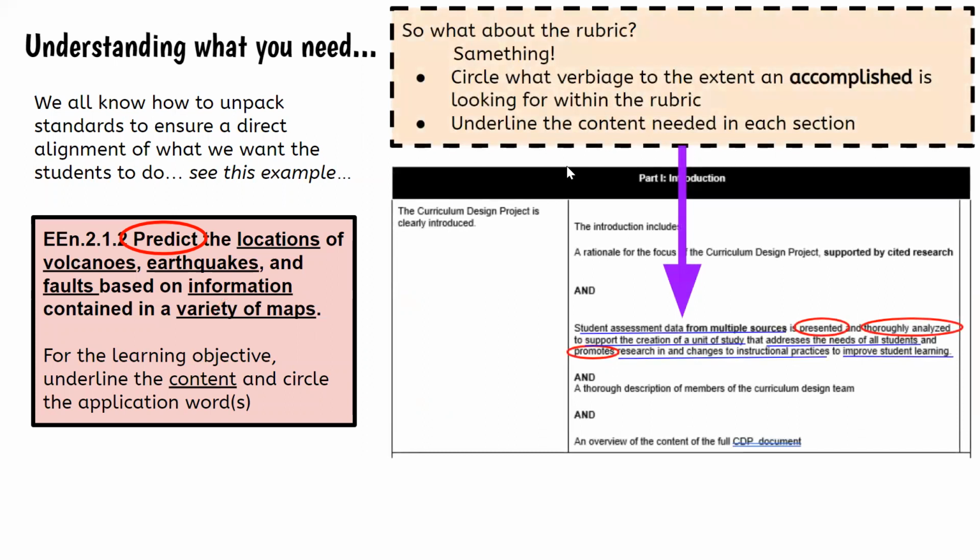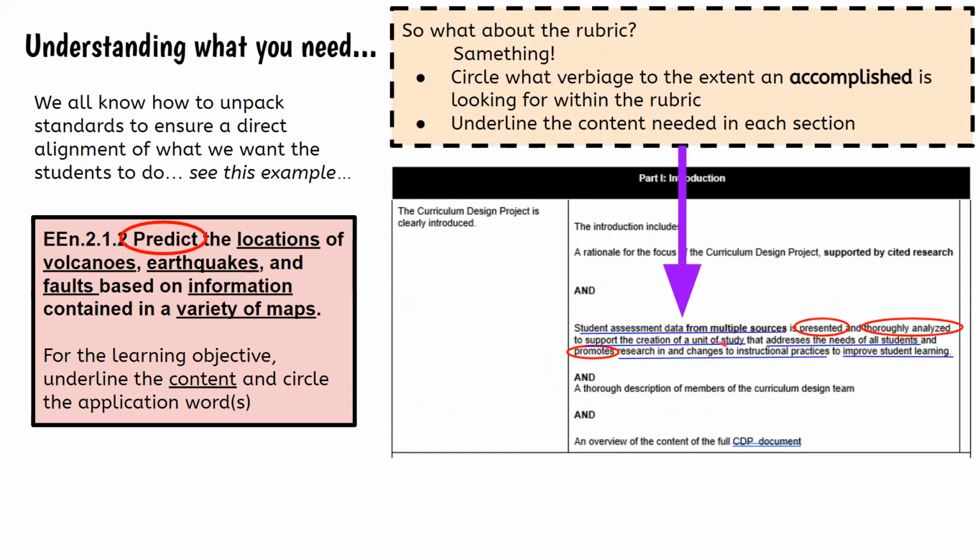Same thing with our rubrics. Circle the verbiage to what extent we want to be accomplished. What actions are we doing within the rubric, and underlining the content we need to do with each of those actions. So we're presenting in this section. I'm analyzing in this section. I'm promoting. And what things am I presenting? I'm presenting student assessment data from multiple sources.